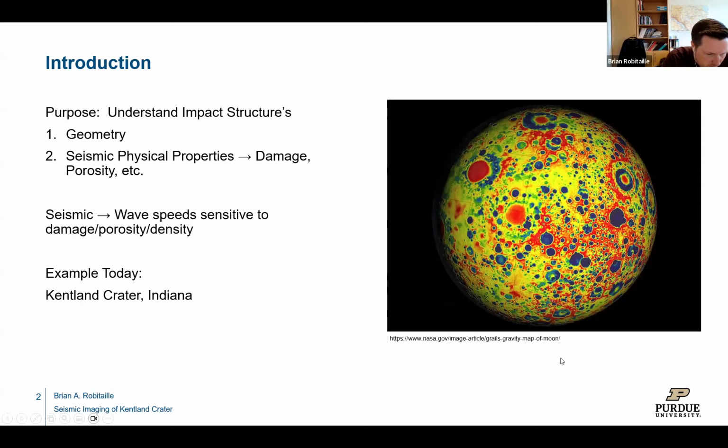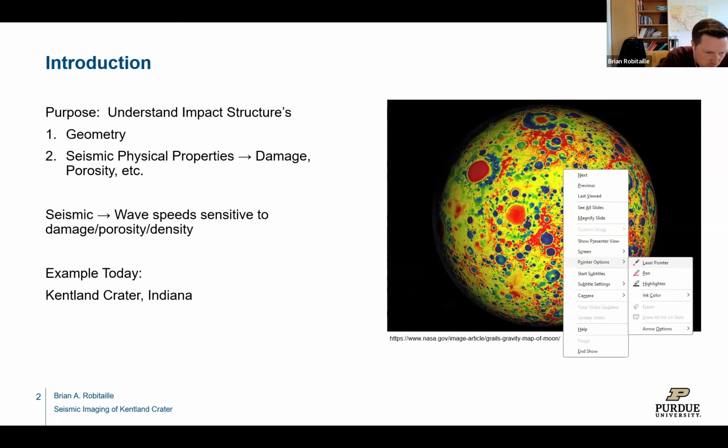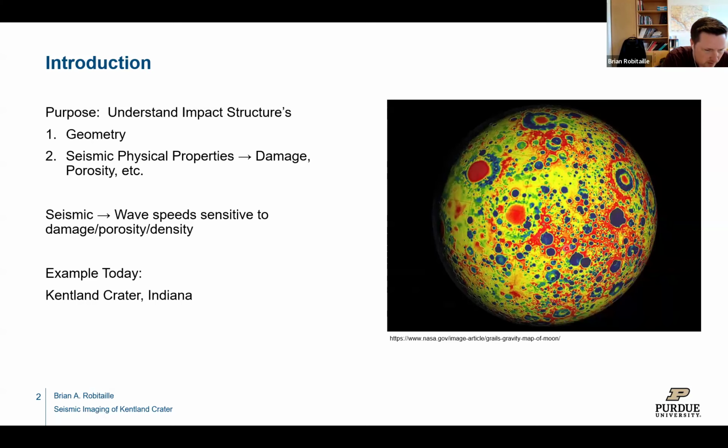On the moon, you see these blue circles. These are all low velocity or gravity negative anomalies. It's weird with Kentland crater because we actually see a gravity positive anomaly, so it's quite different from what we're used to seeing.